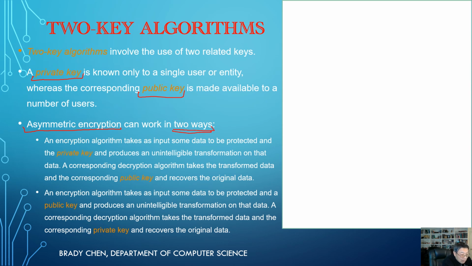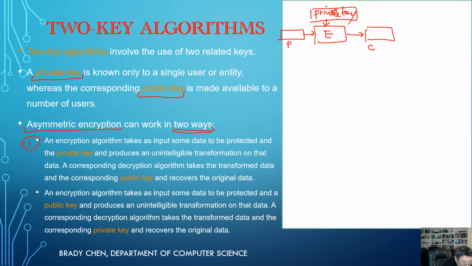Now let's say here's the message, a plain text message, and here's the encryption algorithm. In the first case, the plain text is going to be combined with the private key, and then you're going to generate a ciphertext, which is unintelligible.